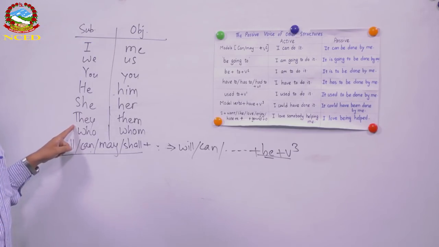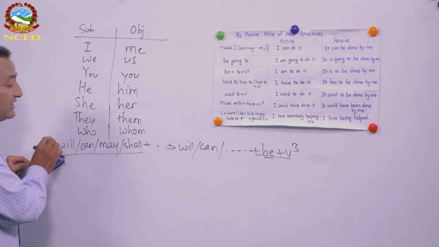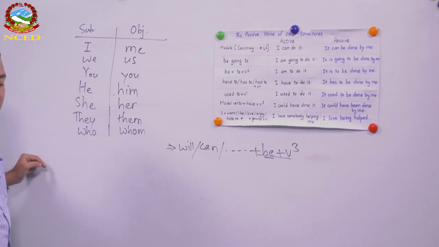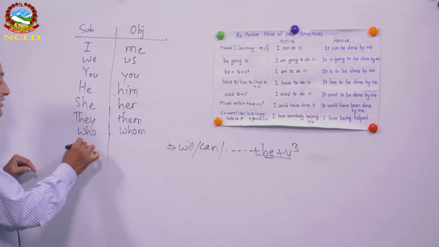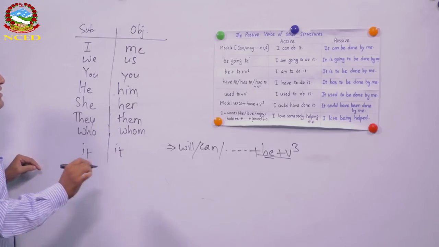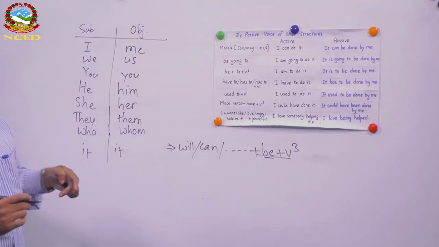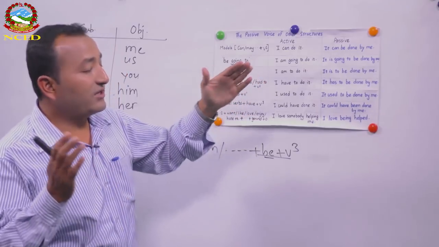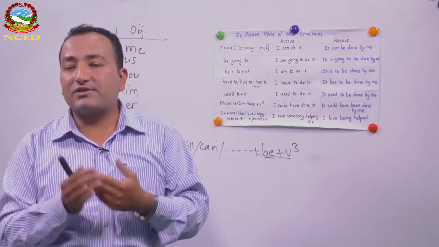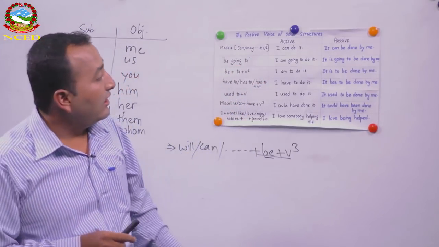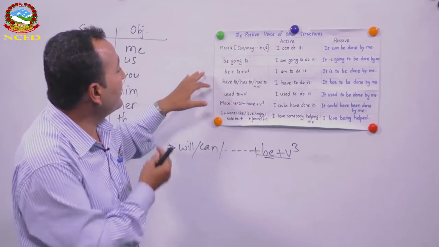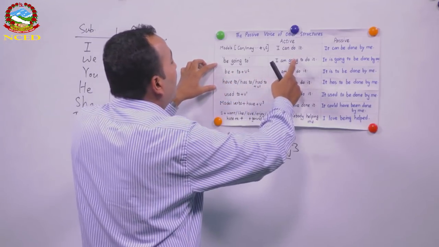There is another pronoun also, it, but it is the same. It, no change. So this is the general rule of pronoun change because we are exchanging the place of subject and object. Here comes the second example.